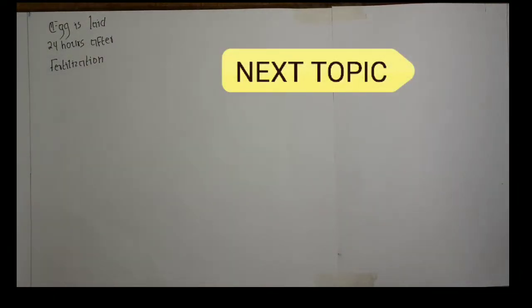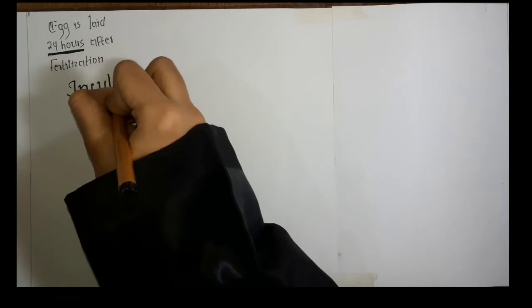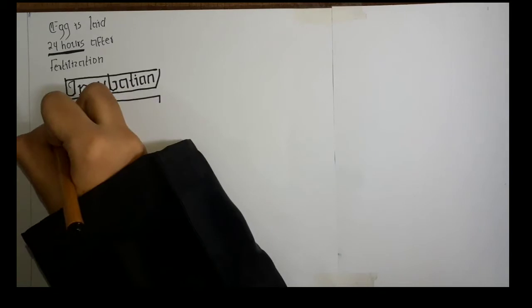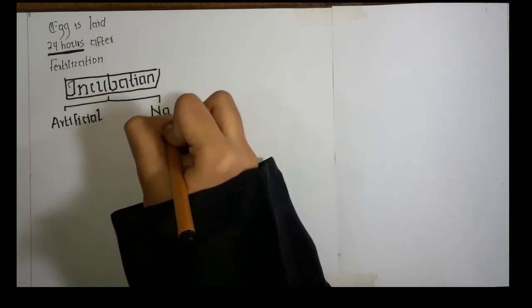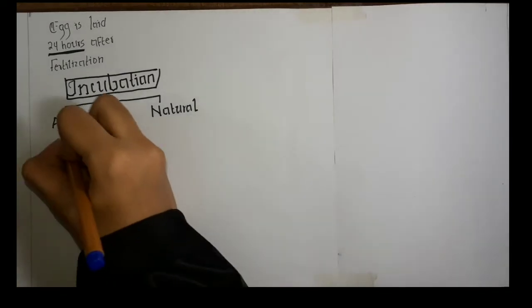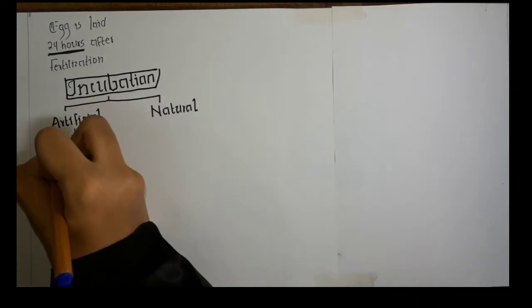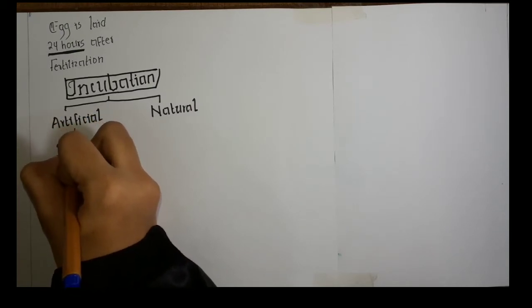So the next topic is incubation. Incubation is done by two methods, either artificially or naturally by the mother. Artificially, it is done by machines, particularly an incubator.